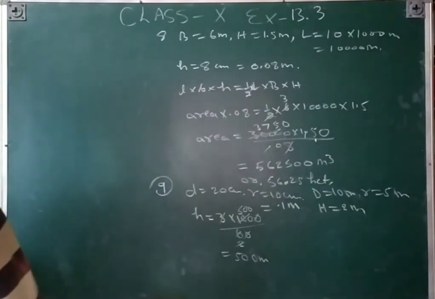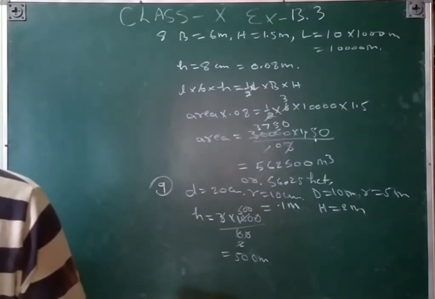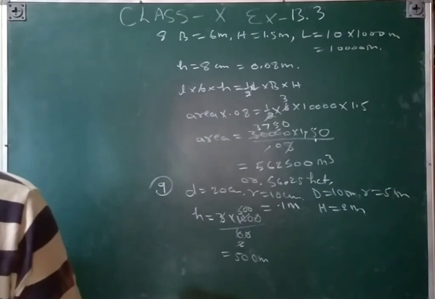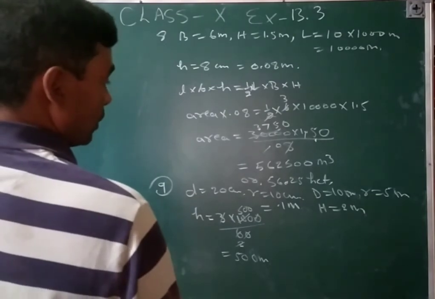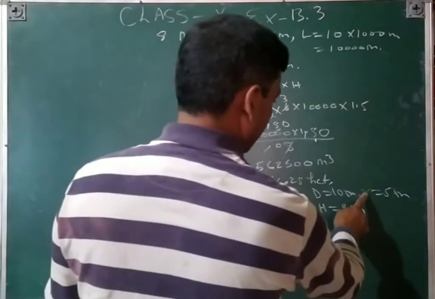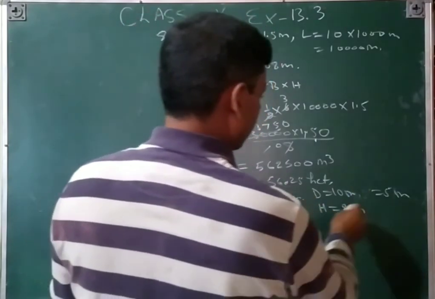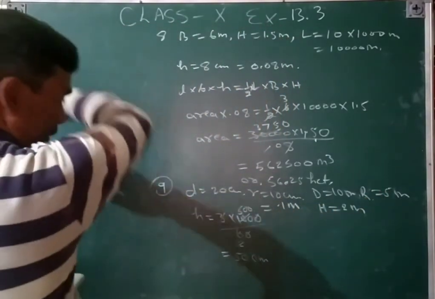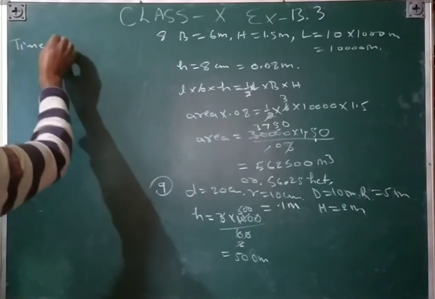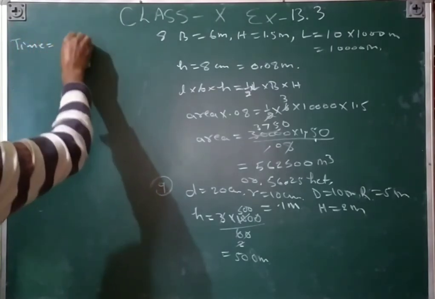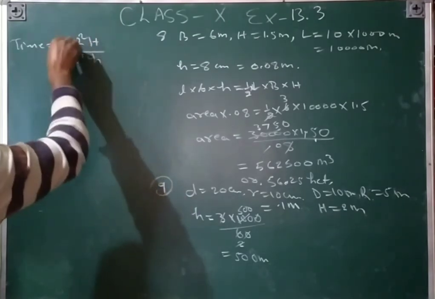Now the radius, I think, is written wrong. Diameter is 20 centimeter, so radius is 10, and the tank radius is 5. So the radius will be 5. Oh, okay. Now time is equal to pi r square h upon pi r square h, that cancels.